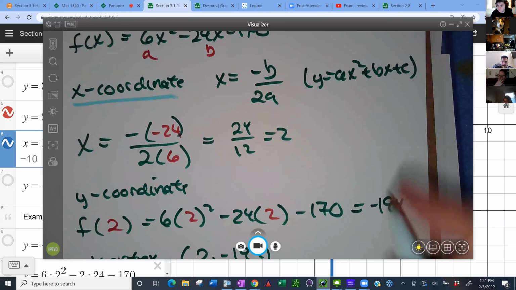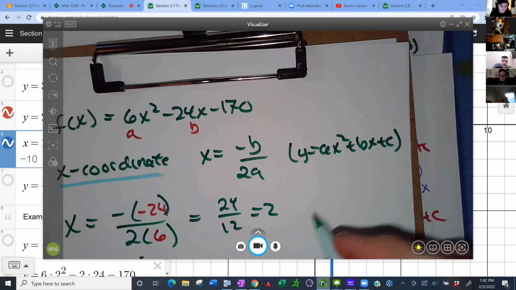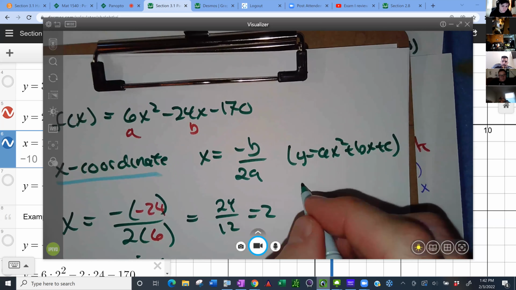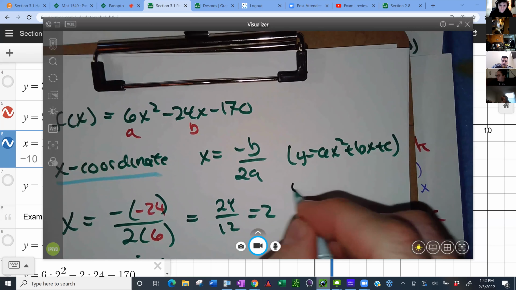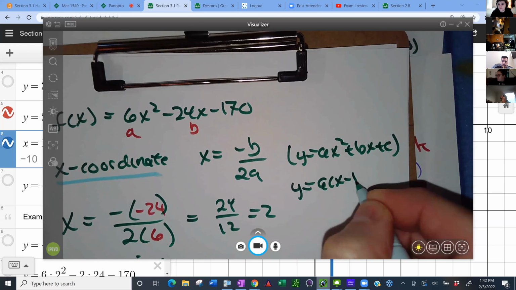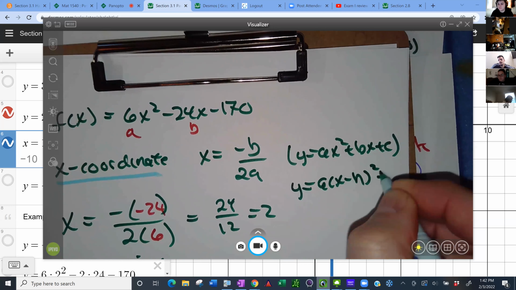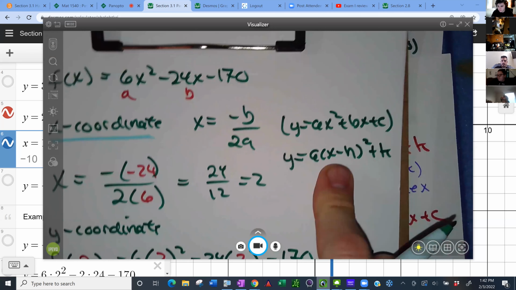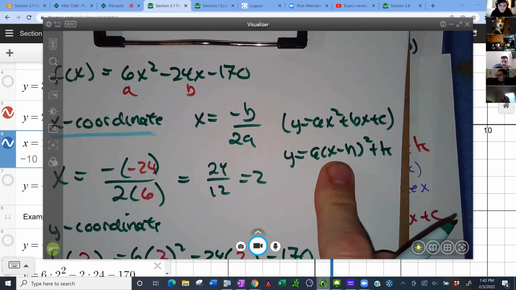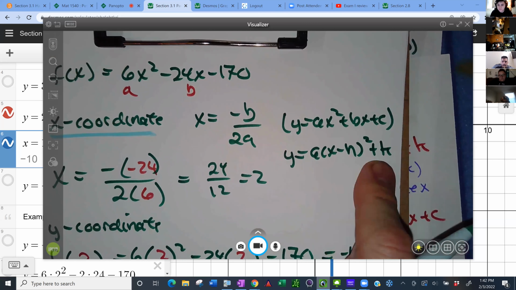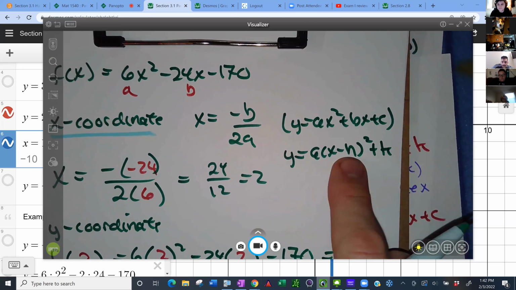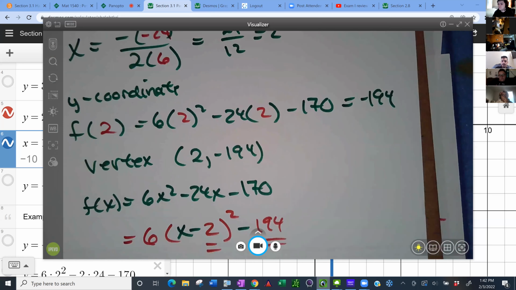Remember, standard form of a parabola can be written like this: y equals a times x minus h squared plus k, where h and k are the coordinates of your vertex. And I had the coordinates of my vertex.